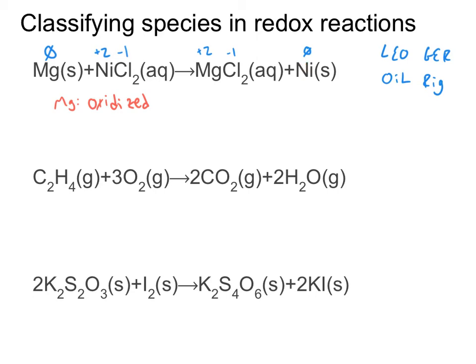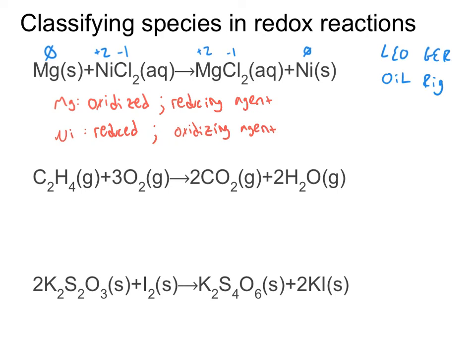Therefore, nickel had to have gained electrons, and so nickel was reduced. Since magnesium was oxidized and caused nickel to be reduced, magnesium is our reducing agent. Likewise, nickel was reduced, caused magnesium to be oxidized. Therefore, nickel is our oxidizing agent.